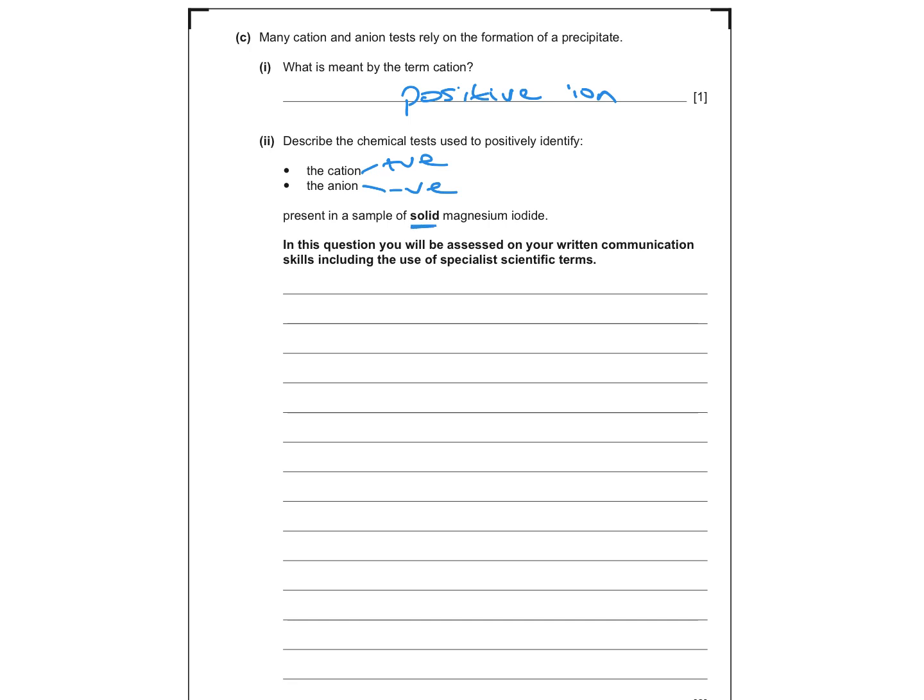Now this word solid is important. It's in bold, and when you have a solid sample and you want to carry out qualitative tests, it's a good indication that you need to dissolve this in water before you can proceed with the tests. So first thing, I'm going to dissolve it in water. Or you could say make a solution of the solid.